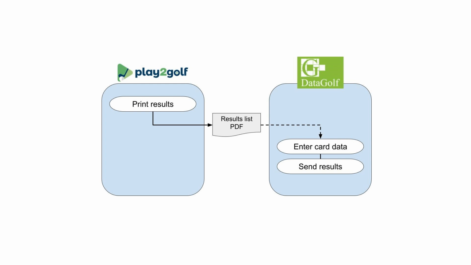After the competition ends, we must send the official results to the Federation. We are going to use the connection that DataGolf has with the Golf Federation database to send the official results. To do this, from Play2Golf we will print the results in a PDF. In DataGolf we will enter the data manually, and finally we will be able to send the results.